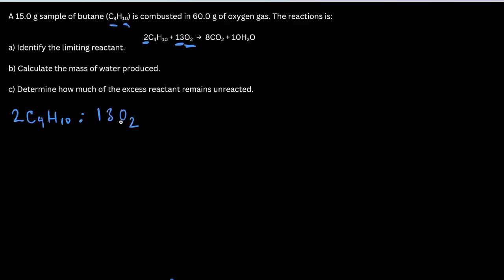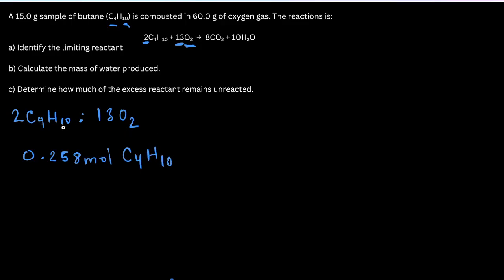Now that we have this, we have to figure out how much oxygen we need for the amount of butane that we have. From our calculation earlier, we found that we have 0.258 moles of butane, C4H10.